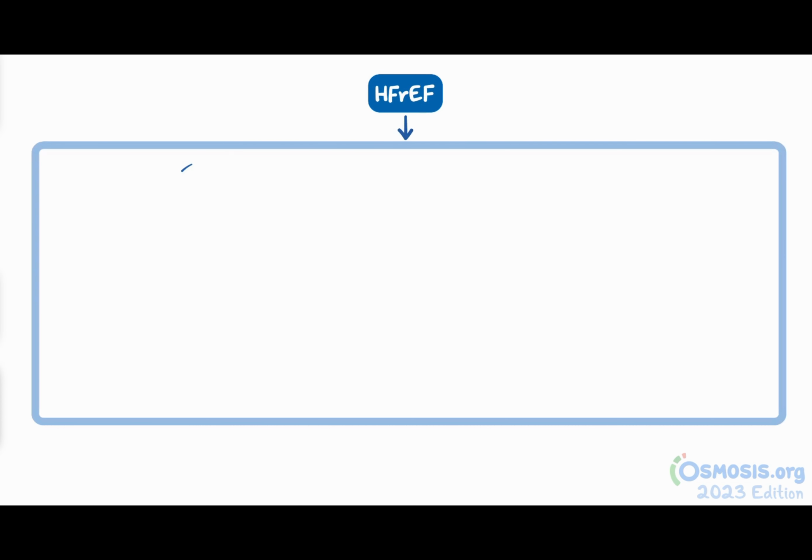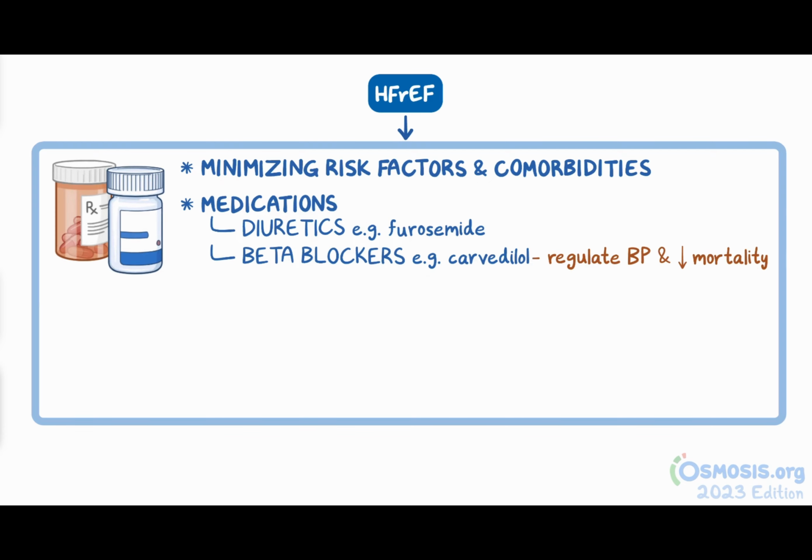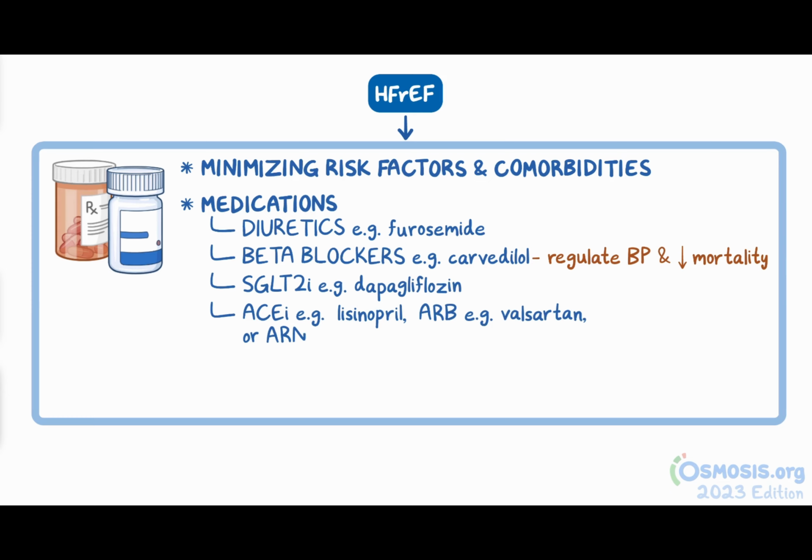As in HFpEF, your first management step for HFrEF is minimizing risk factors and comorbidities. Additionally, 5 classes of medications should be started, including diuretics like furosemide to control symptoms, beta blockers like carvedilol to regulate BP and reduce mortality, as well as SGLT2I like dapagliflozin, plus an ACE-I like lisinopril, or an ARB like valsartan, or an ARNI like sacubitril valsartan, which is preferred, and an MRA like spironolactone, which reduce mortality.